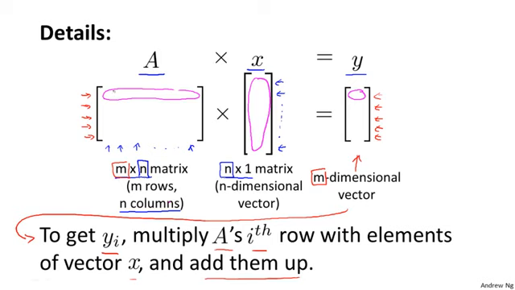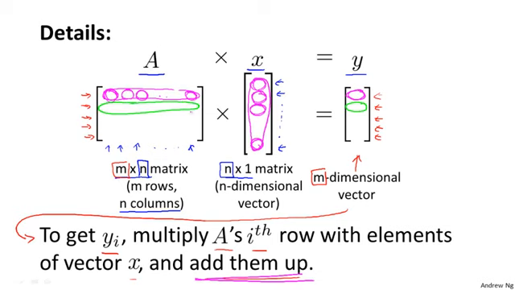So we're going to take this first number multiplied by this first number, then take the second number multiplied by this second number, take this third number, whatever that is, multiply the third number, and so on until we get to the end. And then we're going to add up the results of these products, and the result of adding that up is going to give us this first element of y. Then when we want to get the second element of y, like say this element, the way we do that is we take the second row of A and we repeat the whole thing.